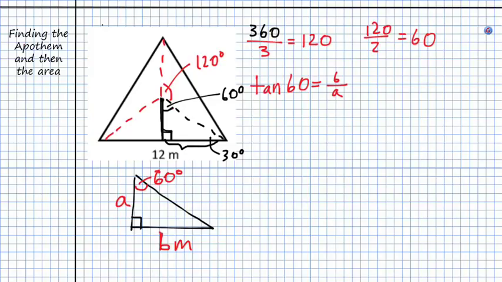All right, so we multiply both sides by A. You get A tangent 60 is equal to 6. And then you get A is equal to 6 divided by the tangent of 60. And this is where you need to make sure that your calculator is in degree mode. So make sure that your calculator here is in degree mode.